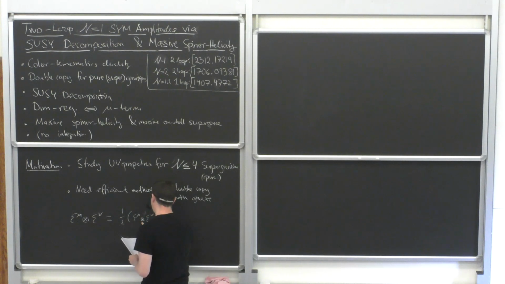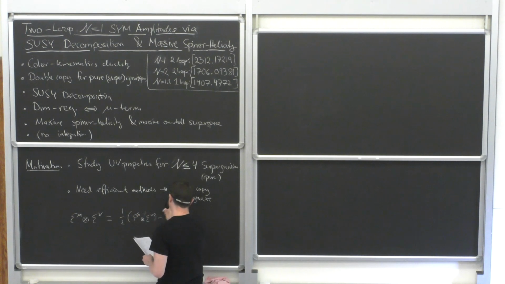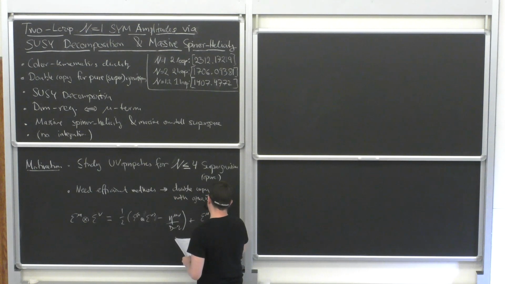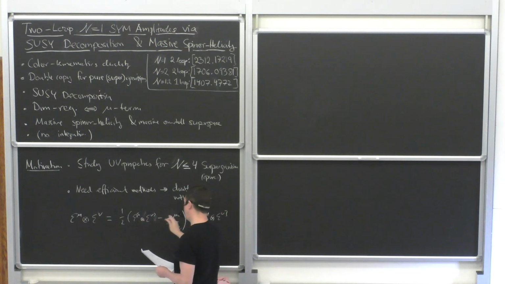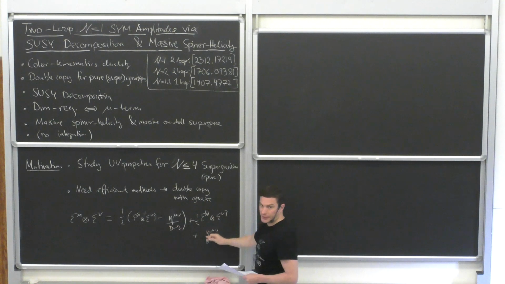So you have this plus the symmetric one, and then you have minus something, let me write this, eta mu nu over d minus 2. You have something like this, antisymmetrized, and also half. And then you have something like this, d minus 2. So this decomposition here is basically into the symmetric traceless part, the antisymmetric part, and the trace.